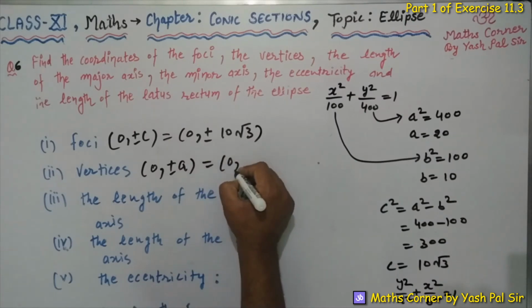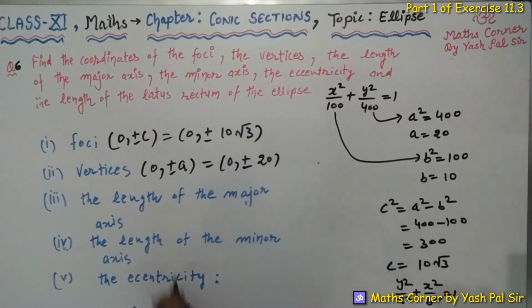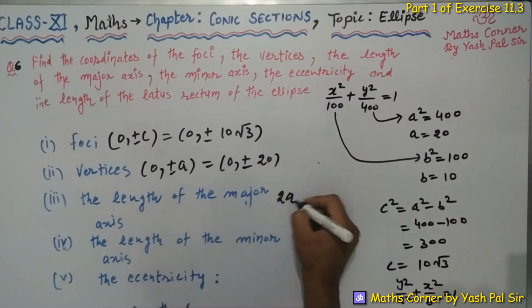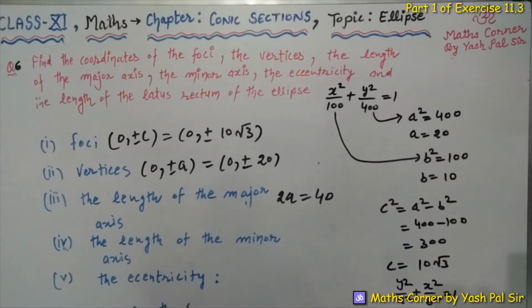So this becomes 0 comma plus minus 20. Length of major axis is 2a, that is 2 into 20, 40. Length of minor axis is 2b, that is 2 into 10, 20. Eccentricity c upon a, that is 10 square root of 3 upon 20, which becomes square root 3 upon 2.